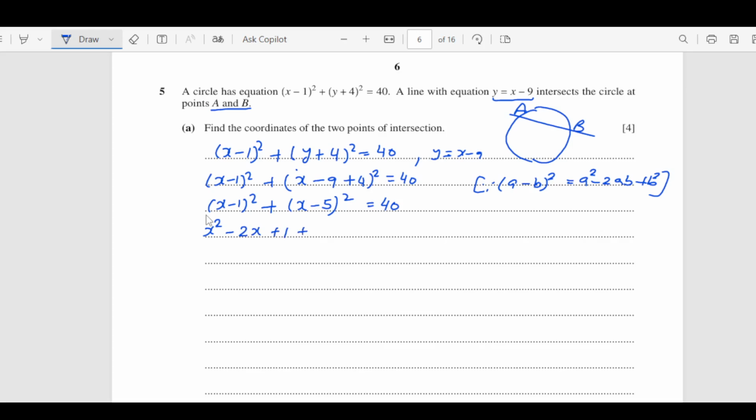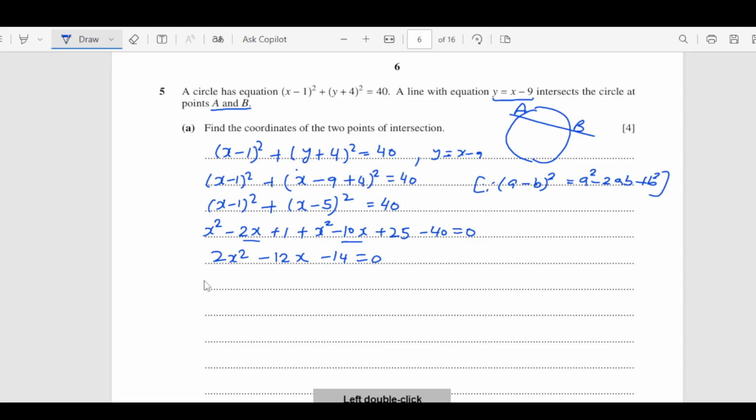Then we have plus x squared minus 10x plus 25, and I'm bringing 40 to the left hand side, minus 40 equals 0, right? So now combine the like terms: x squared and x squared, that is 2x squared. Then we have the x terms, negative 12x, and then 25 plus 1 is 26, minus 40, which is negative 14, equals 0.